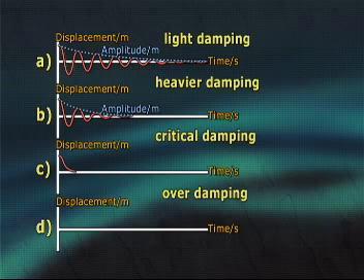Critical damping allows the oscillator to return to its equilibrium in the shortest amount of time possible. And finally, overdamping prevents oscillation entirely and only allows the oscillator to return slowly to its equilibrium position.